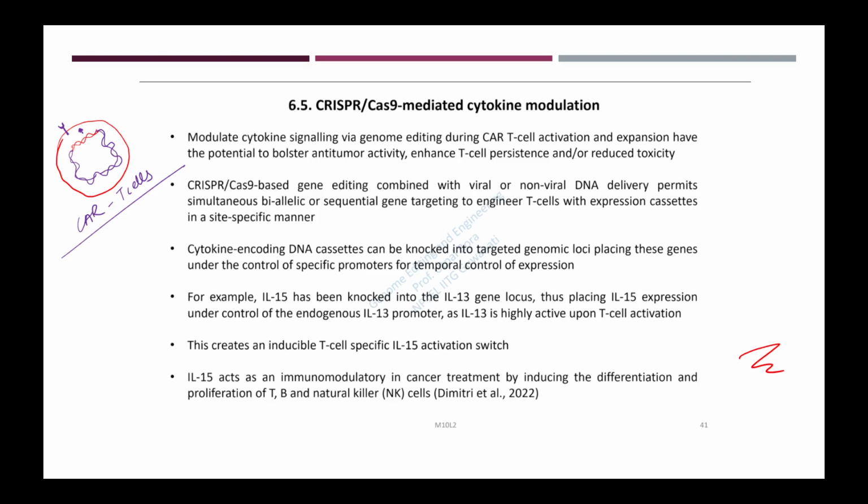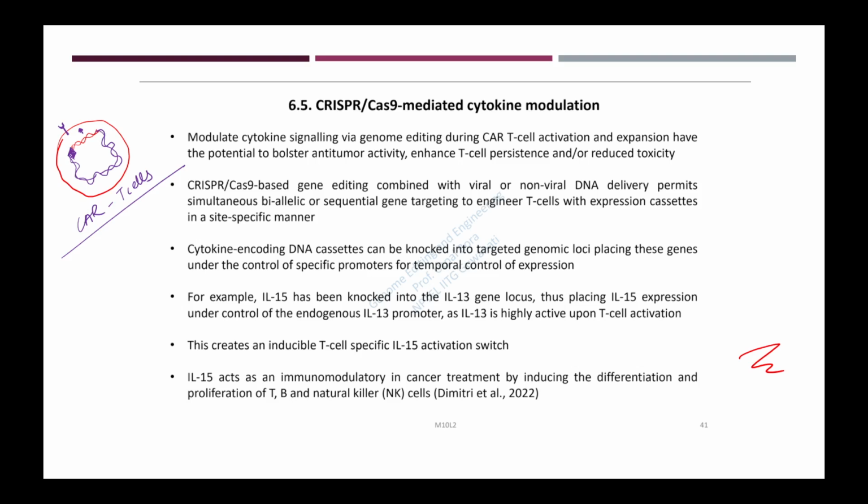So if the viral DNA is being used, the integration of the viral DNA into the genome of the T cells is not regulated. It can integrate at any place. So if the integration of the transgene happens under a very strong promoter, this very strong promoter increases the production of the modified transmembrane receptors.